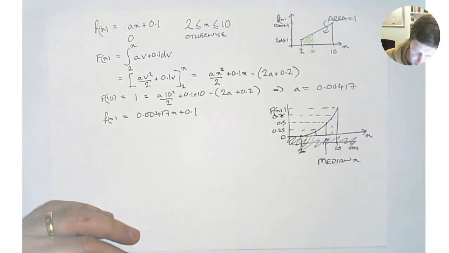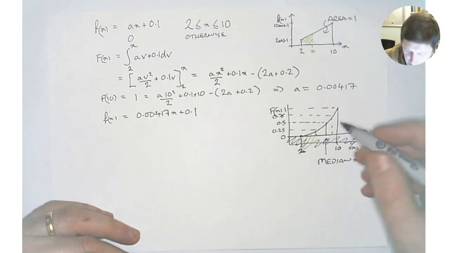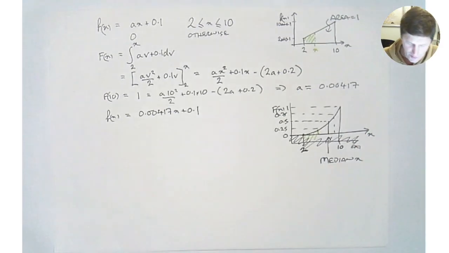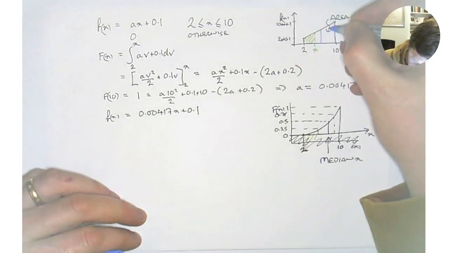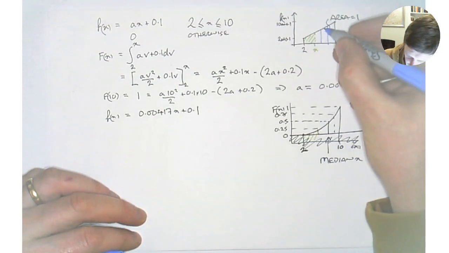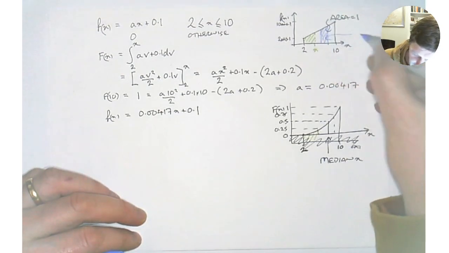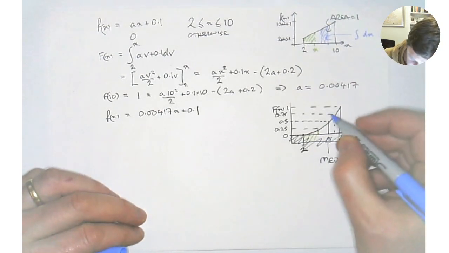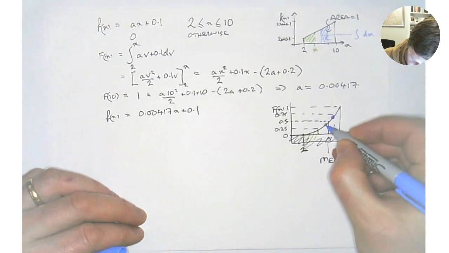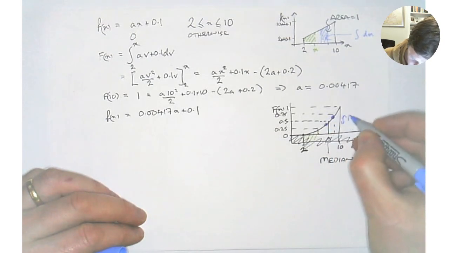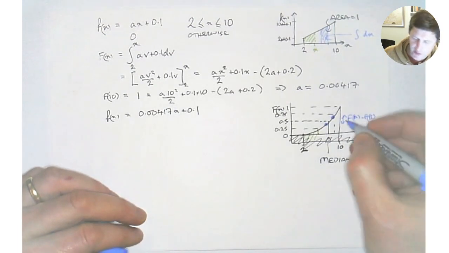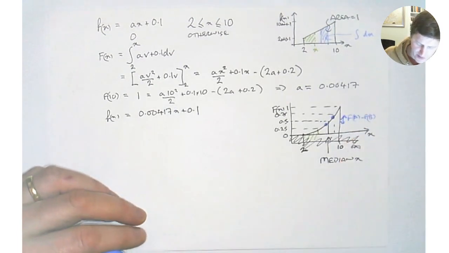Also, if we want to know the probability of an experiment being within a particular range, so if we were interested in what's the probability of data being in some range like that, well, you could integrate that area, or you can simply find those 2 points on here, and it's f of a minus f of b gives you the probability of it. So you can read off this one very easily.